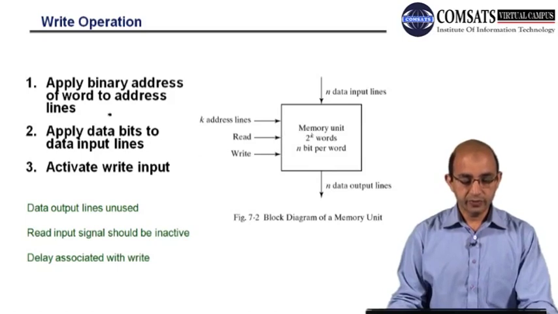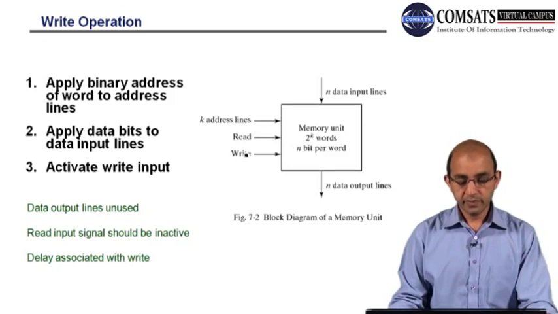First we have to apply the address of the word to the address lines. So we need a circuitry that can generate the address of the location where we have to perform the write operation. After the generation of the address, the second step is we have to apply the input data. We will be applying the data over here in order to write that data onto that memory.